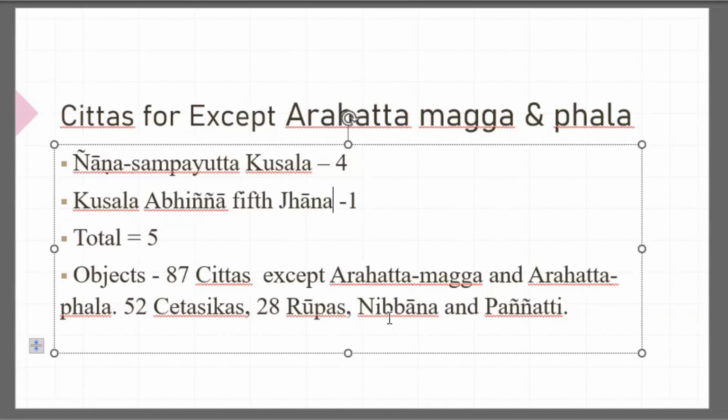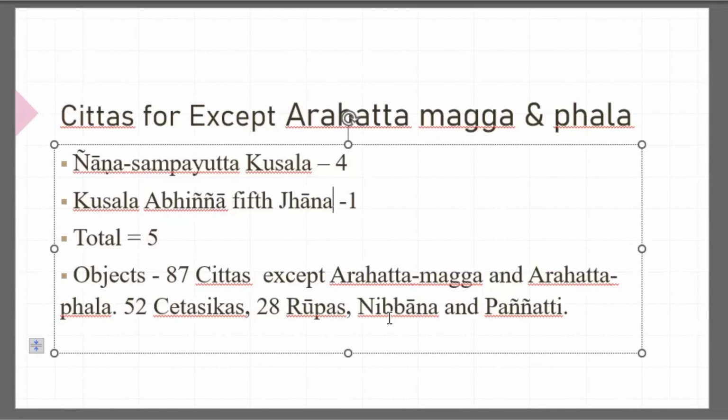Nibbana can be taken as an object by those who have seen Nibbana, those who have realized Nibbana. Therefore, this is related only to the Ariyas, noble ones, not to ordinary persons, not to Puthujjana.